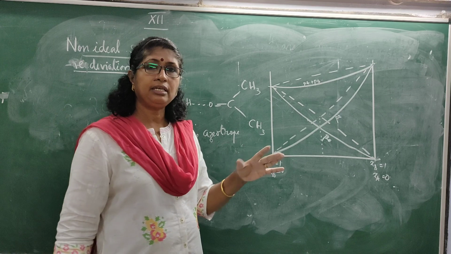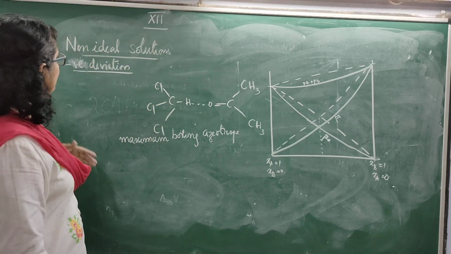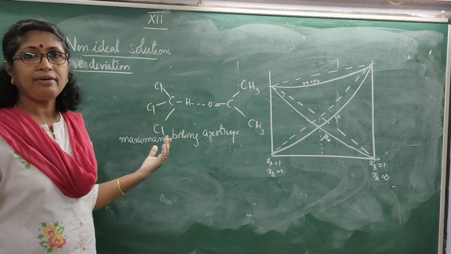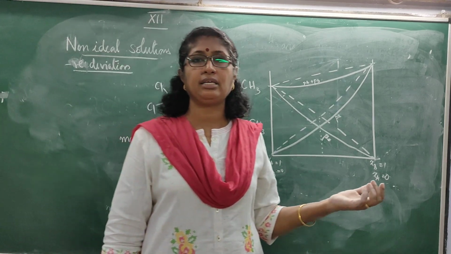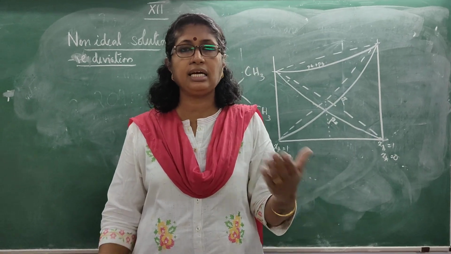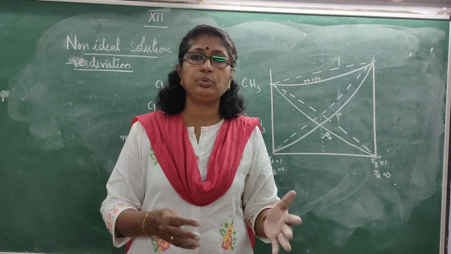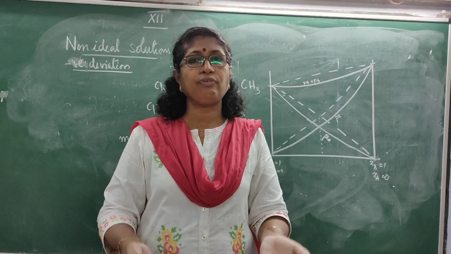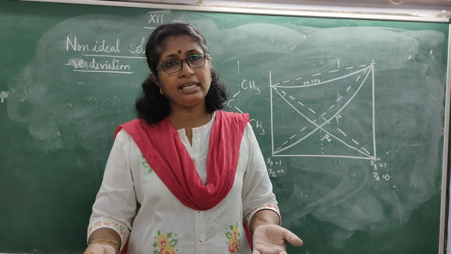Now we have seen the two types of deviations from ideal behavior. Those show positive deviation, and those show negative deviation. In positive deviation, the new interactive force is weaker than the old two interactive forces, so the rate of evaporation will increase and vapor pressure will increase.